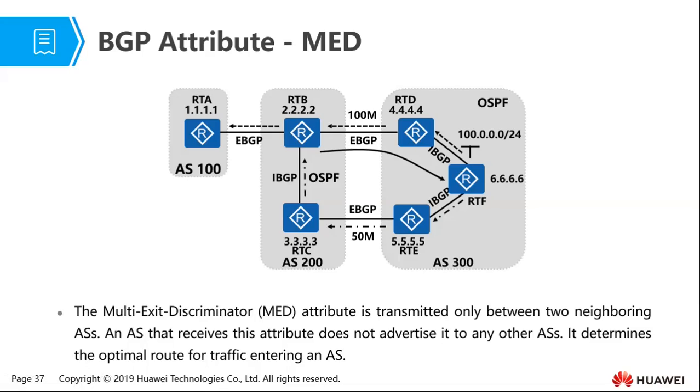So really, how is that done? Let's look at this example. Here we have a network 100.0.0.0. This network is advertised in AS 100.